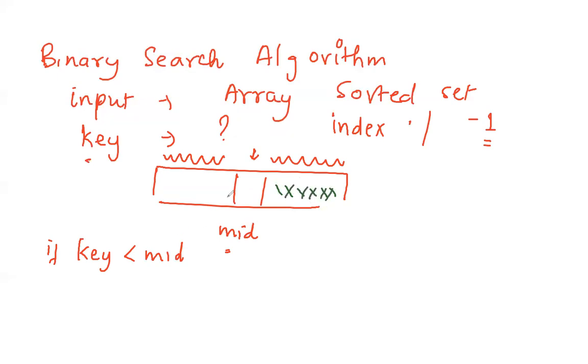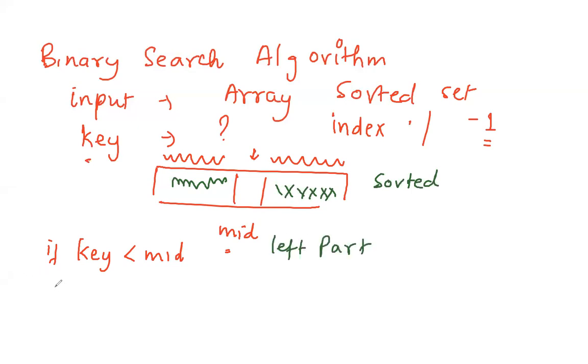No, because if this is a sorted array, all the elements on this side have to be greater than mid. So the key will always be on this side, so we search in the left part.